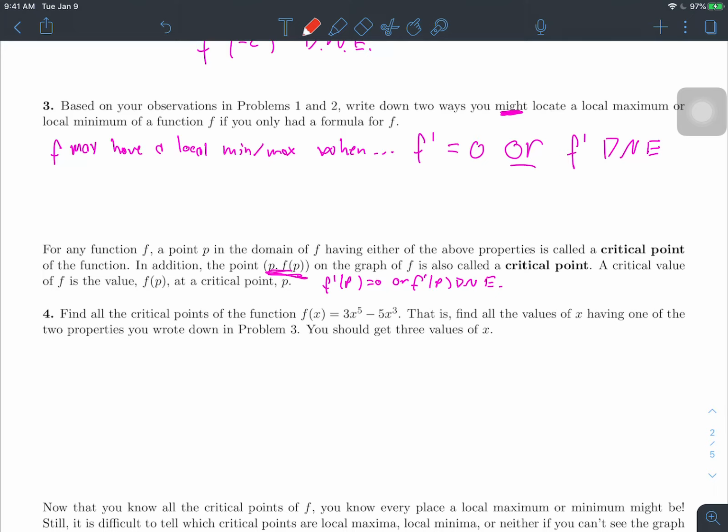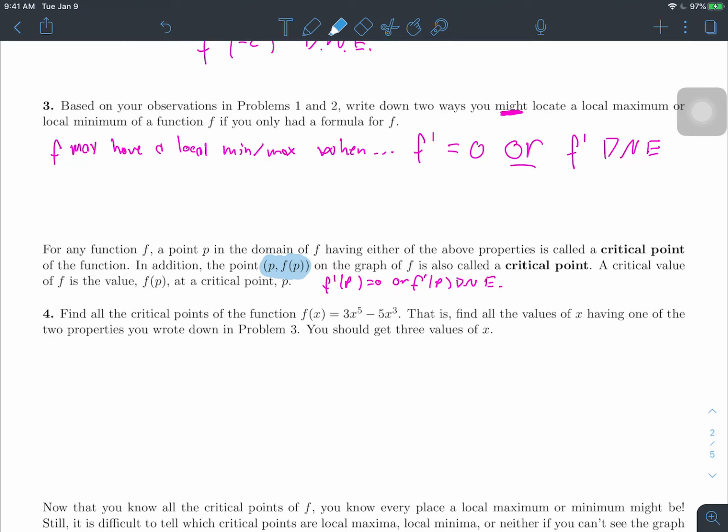And the critical value of f is the value f of p at the critical point p. Okay? I won't get too hung up on the critical value part. Really what we want to say is this point here is what we will describe as the critical point.